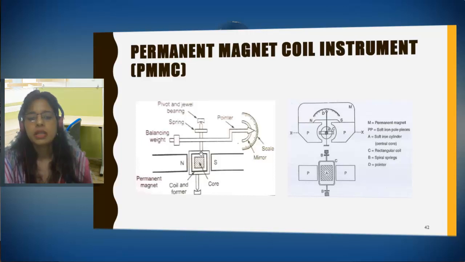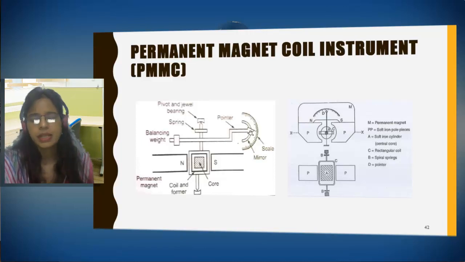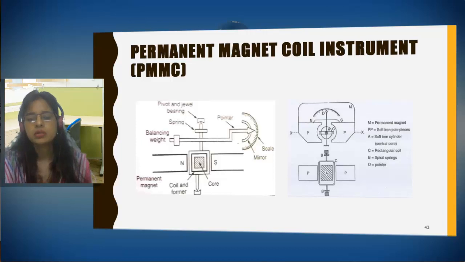The spindle connected to the coil will also rotate, and the pointer connected to the spindle will also move. The movement of the pointer is controlled by the spring connected to the spindle, and to damp the pointer, air friction damping is also used. Okay, so this is the basic working of PMMC instrument.